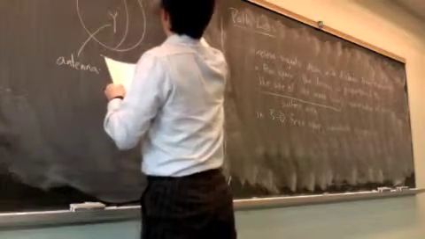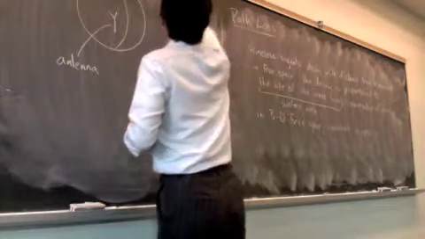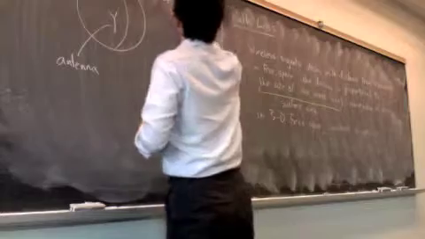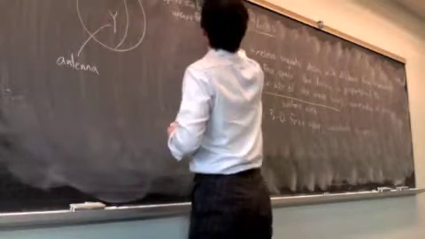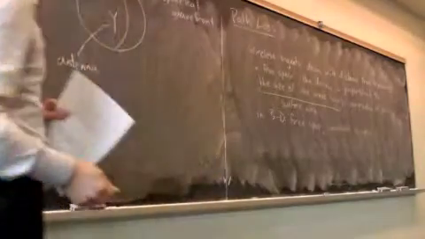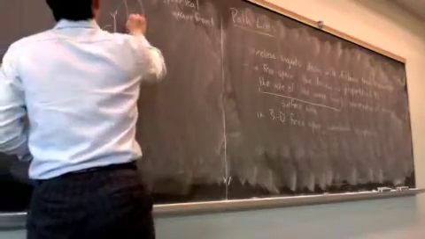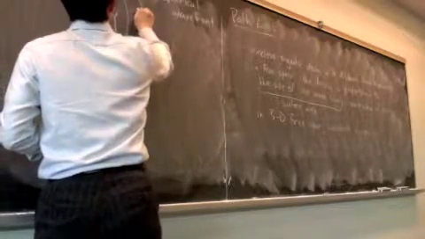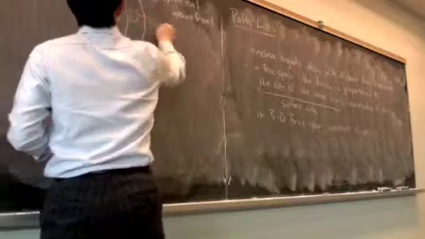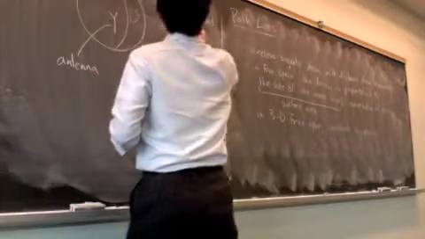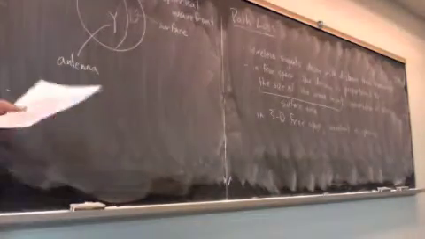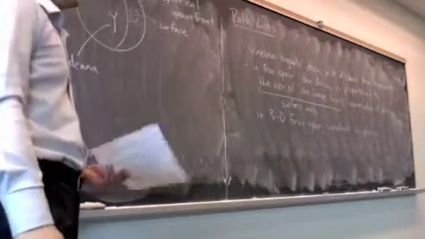This is the spherical wavefront. And the surface area of the wavefront will tell us how quickly that signal decays. Does anybody know what the surface area is of a sphere?